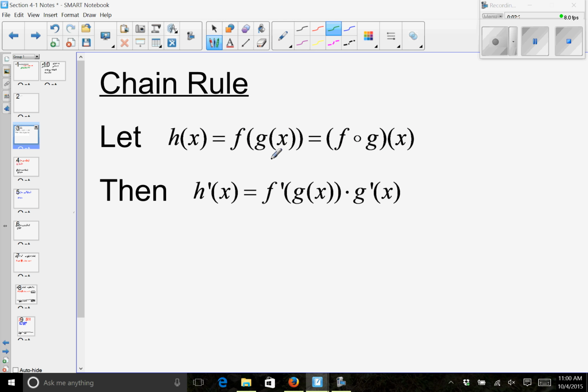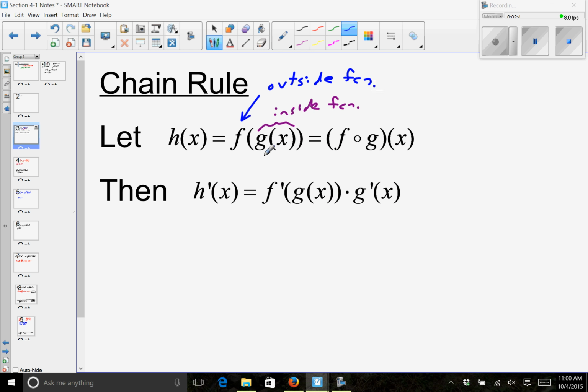And so the chain rule says that I have composition. I have some function inside of some other function. And just because you're going to hear me saying these terms a lot, g of x would be inside, and my f of x, or my f, is outside. So I have an inside function and an outside function.